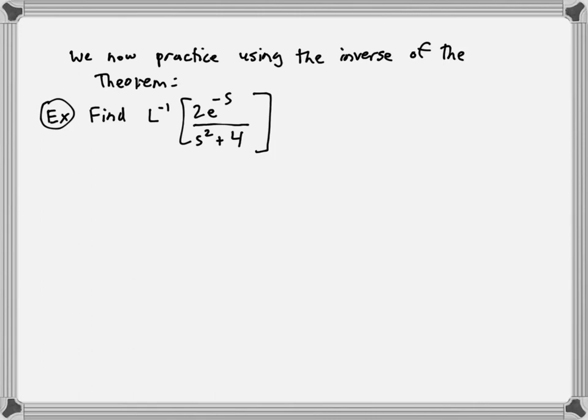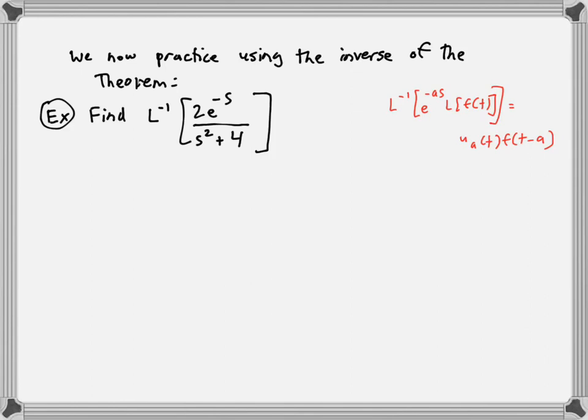I'm just going to write it down for our reference here. It says that the Laplace inverse of e to the negative as times the Laplace of f of t is equal to ua of t times f of t minus a.